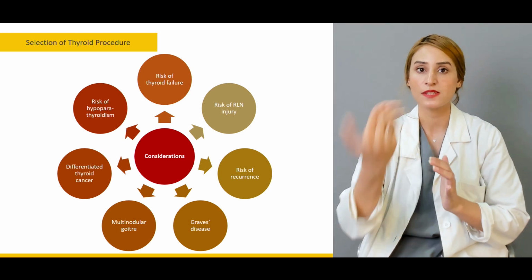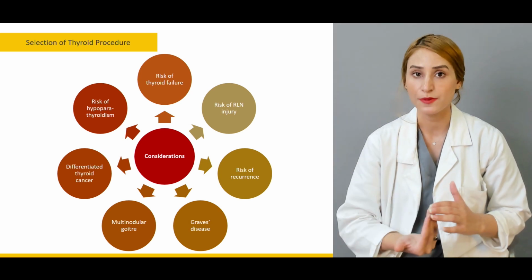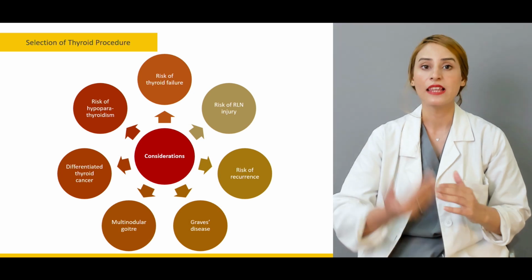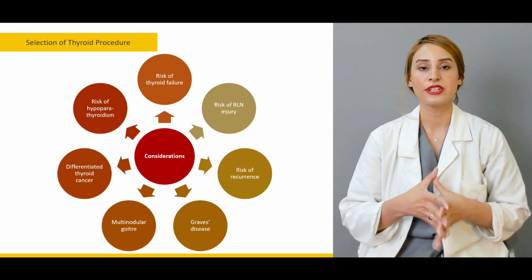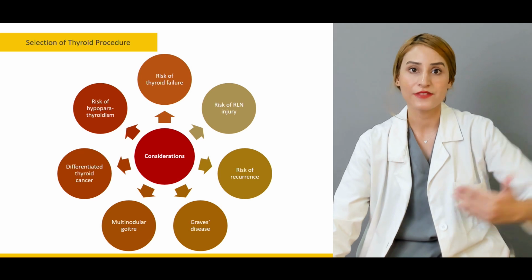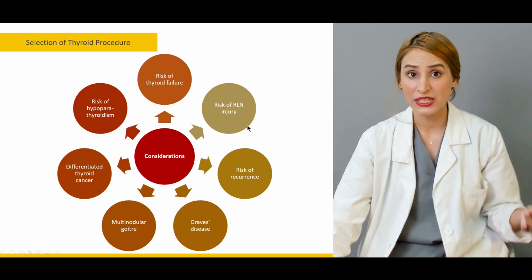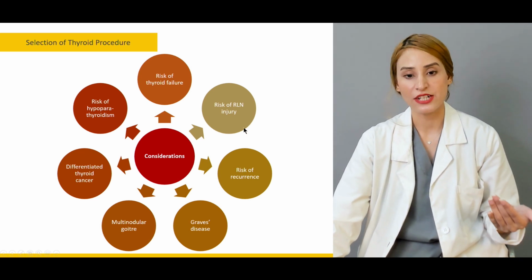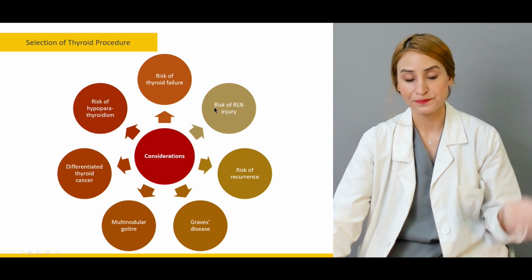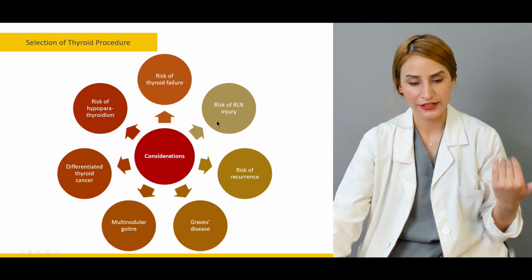That groove is just behind the thyroid. So whenever a surgeon is performing thyroid gland surgery, there is a risk of injuring the recurrent laryngeal nerve. So you also have to consider the minimally invasive procedure to prevent this injury to the recurrent laryngeal nerve.